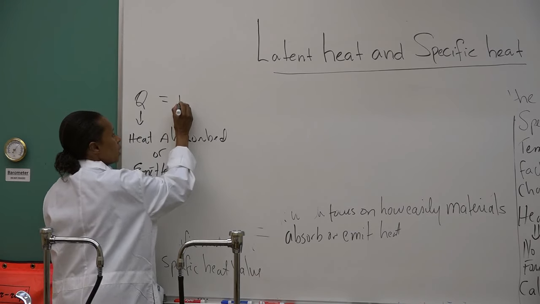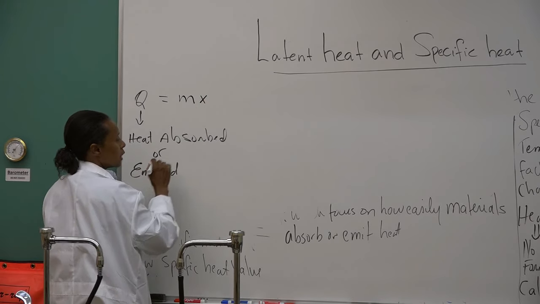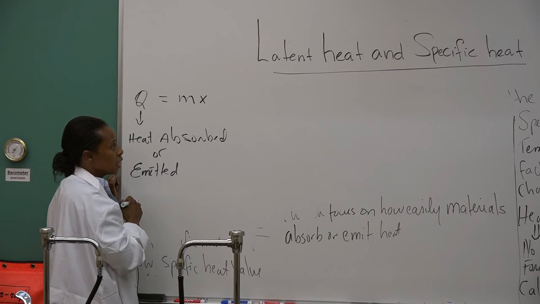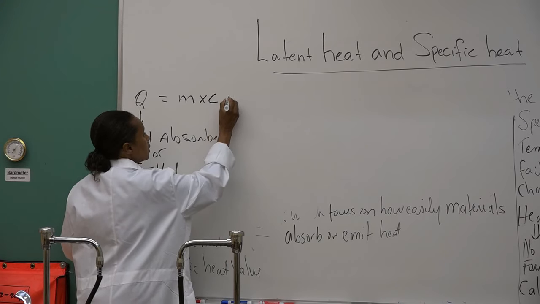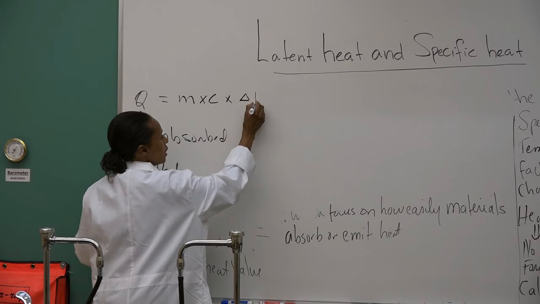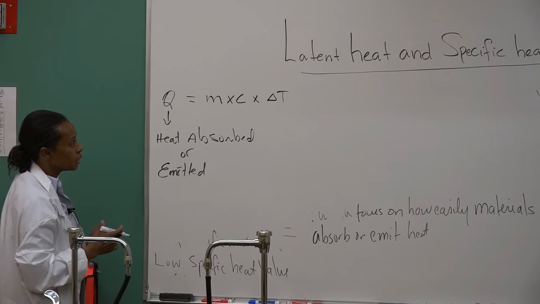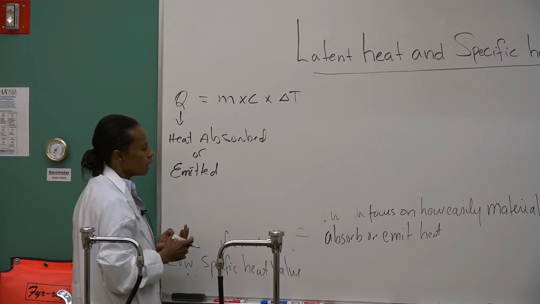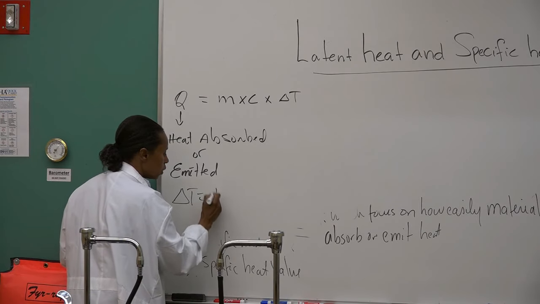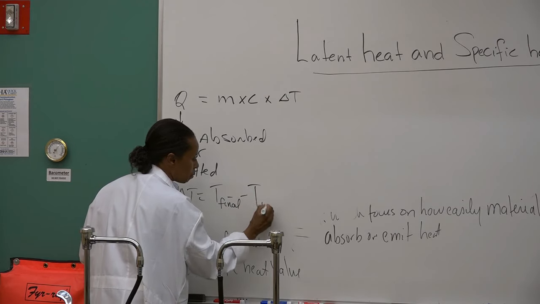And that is going to be including the mass of your material times the specific heat of the material, which is a physical property, times the change in temperature. So as we can see, very dependent upon the change in temperature. So the change in temperature, delta T, is going to be equal to final temperature minus initial temperature.